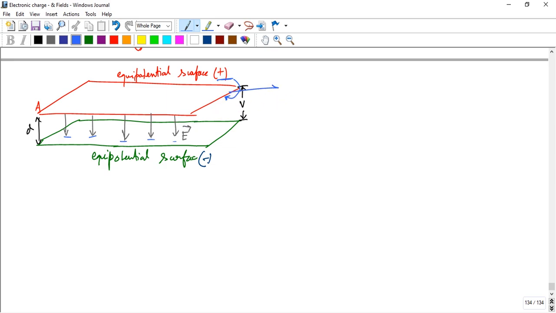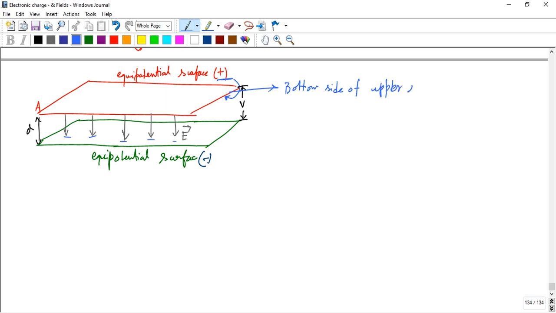The upper surface has positive charge, on the bottom side of the upper plate.